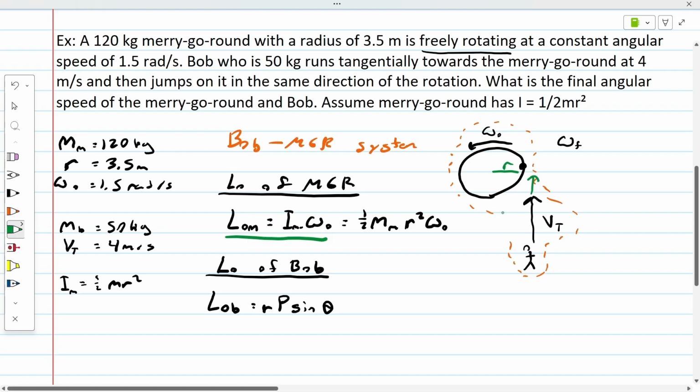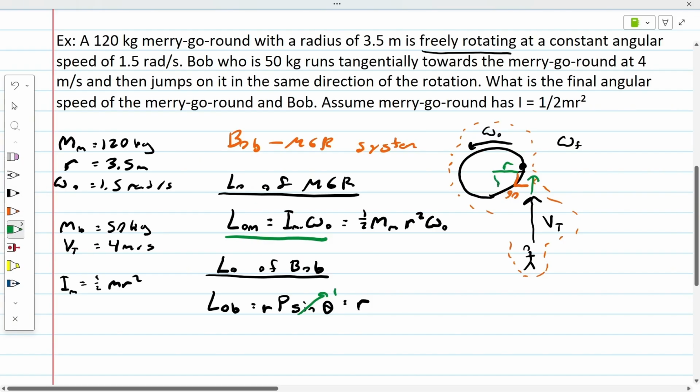We don't have to worry about him entering at some angle. So the radius is still going to be just the perpendicular radius, and that is why we get this 90-degree angle.